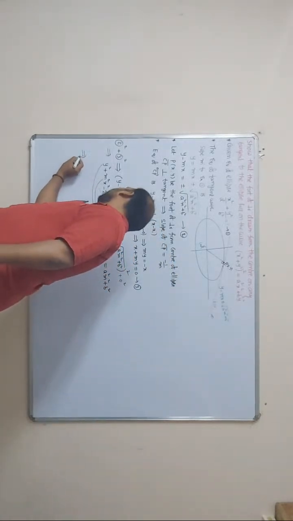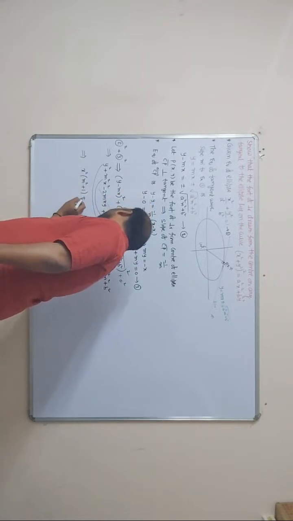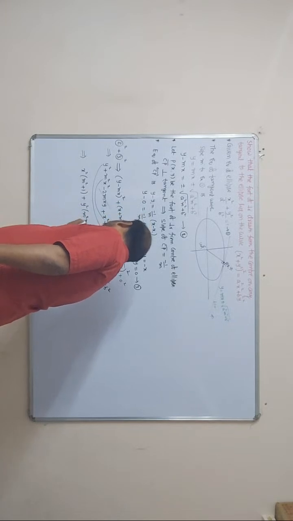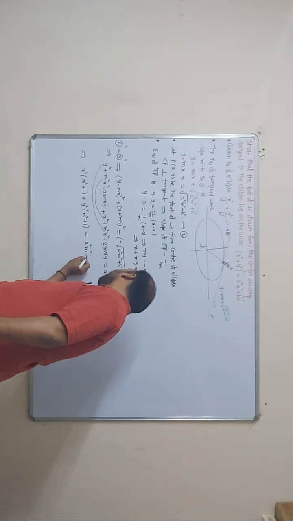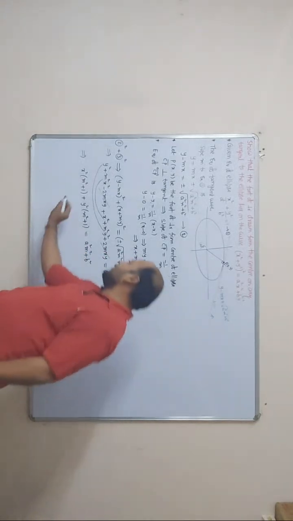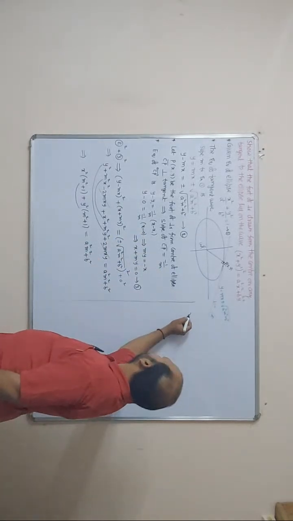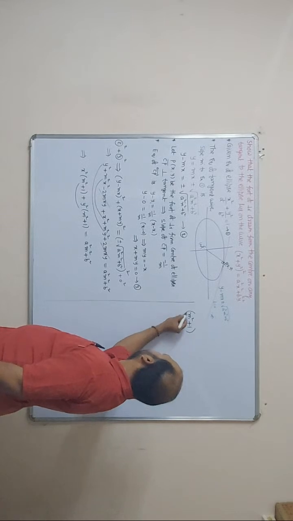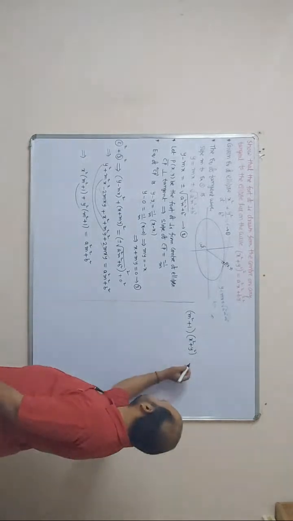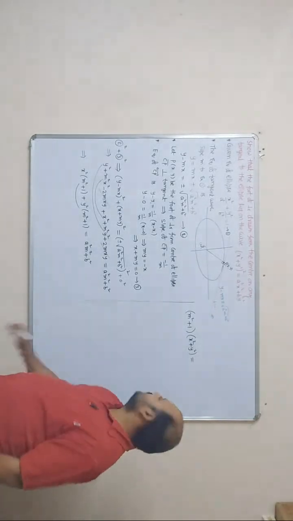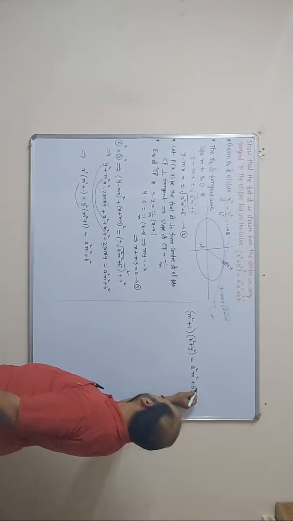So x square into m square plus 1 plus y square into m square plus 1 is equal to a square m square plus b square. Again take m square plus 1 common: m square plus 1 into x square plus y square is equal to a square m square plus b square.